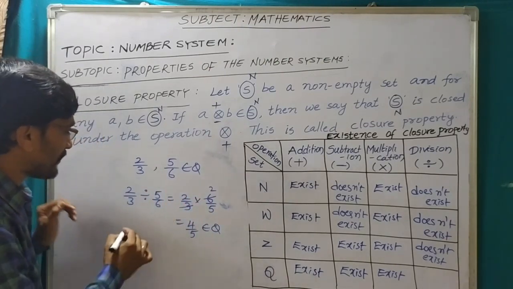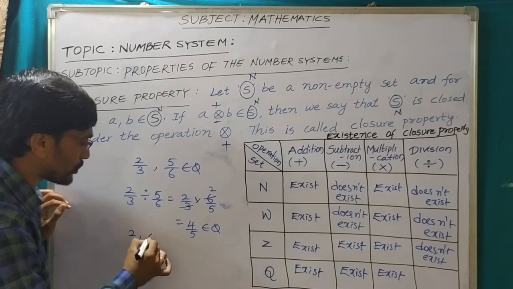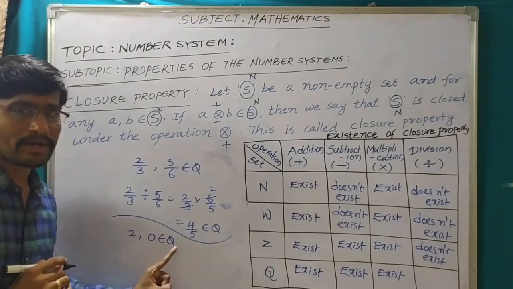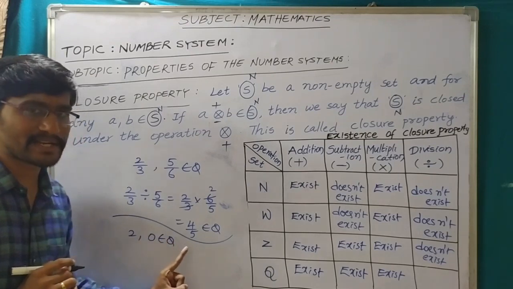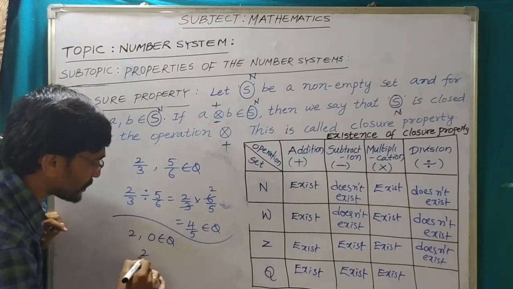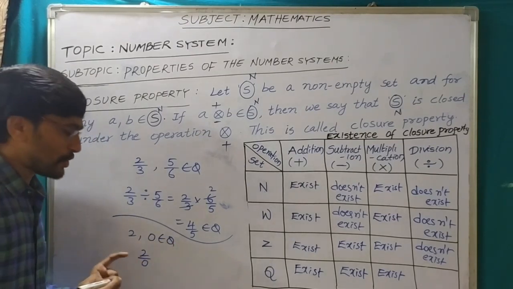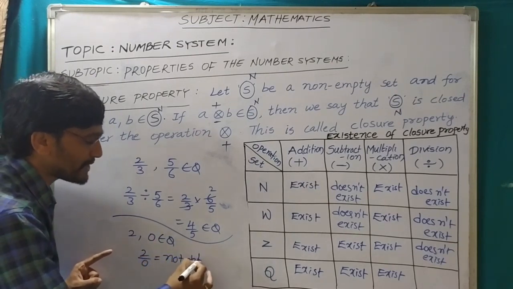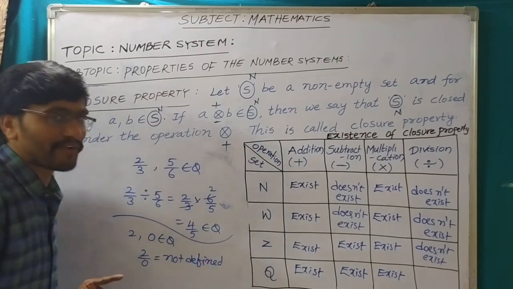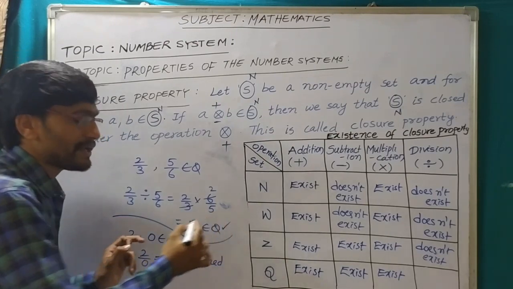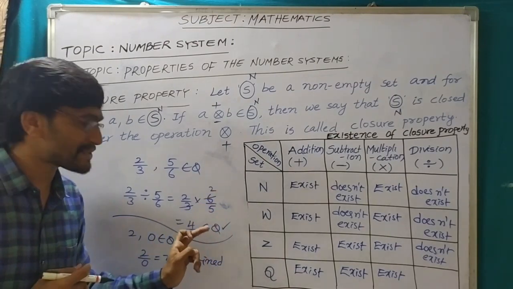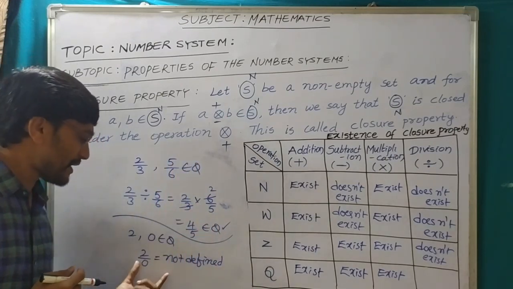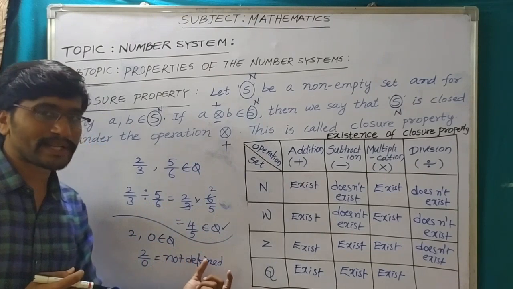Suppose we consider two rational numbers like 2 and 0. 2 and 0 are two rational numbers, since every integer is a rational number. If we take 2 divided by 0, which is what? Not defined, right? 2 by 0 is not defined. Here not defined is not a rational number, no?